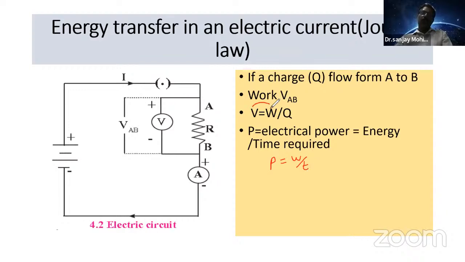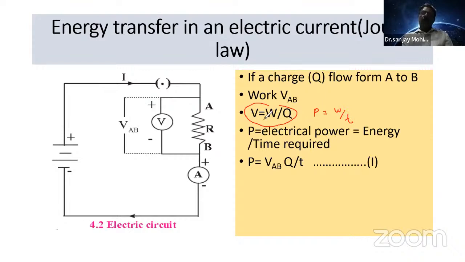So now at present we have two formulas: V is equal to W upon Q and P is equal to W upon T. Power is work done upon time, or the rate of work done is called power.